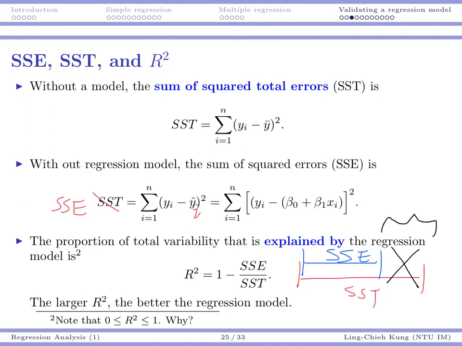This would be the power of our model, and that's related to R squared. R squared is the proportion of this proportion. So it's not very hard for you to answer why R squared would always be between 0 and 1.